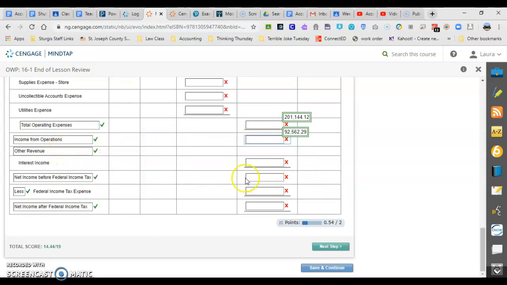Your other revenue might be interest and other things, and you add those to get your net income before federal income tax. Then you subtract your federal income tax expense to get your net income after federal income tax. It's almost $20,000 for the federal income tax expense in this case.